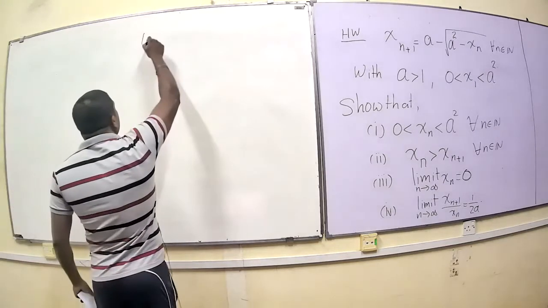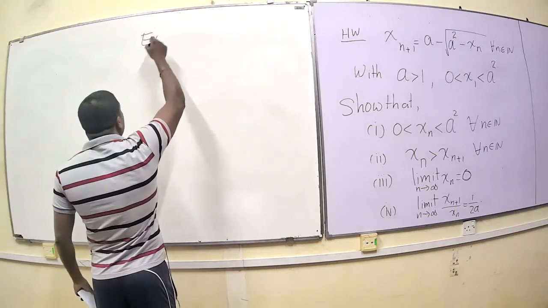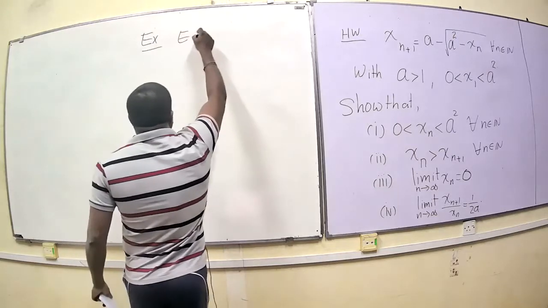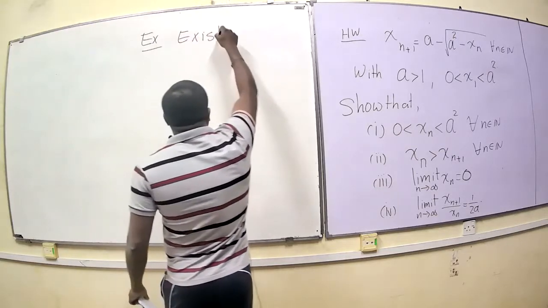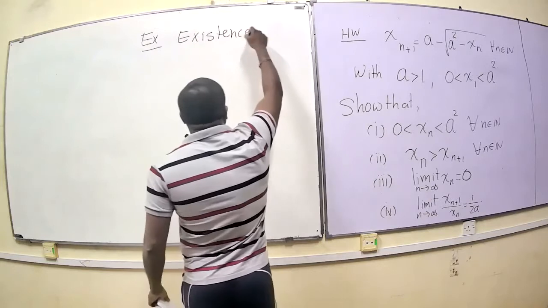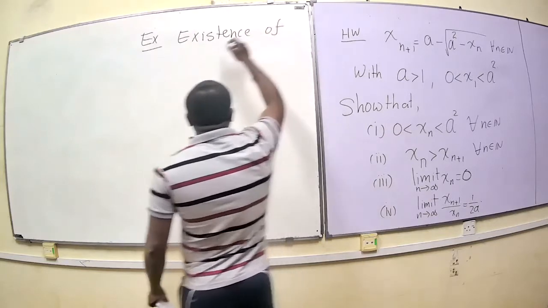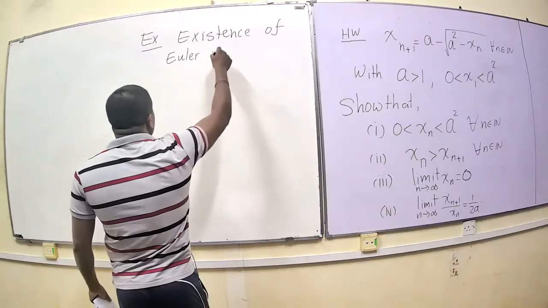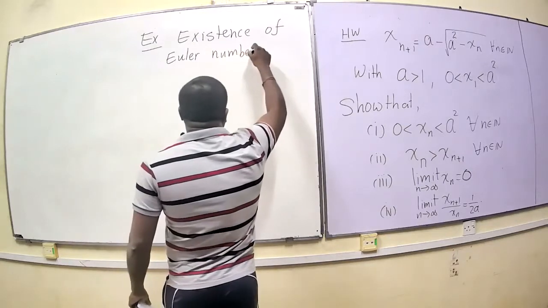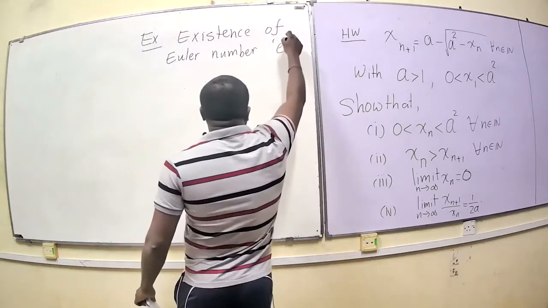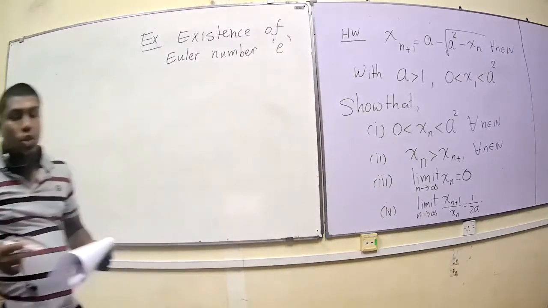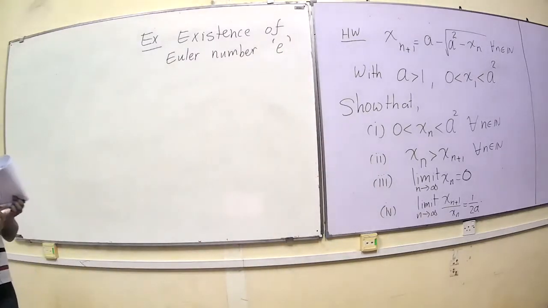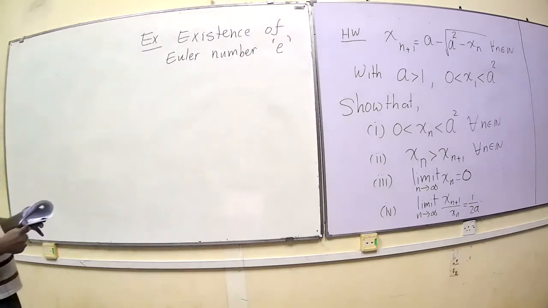I'm going to put this as an exercise. I'm going to show you the existence or the derivation of the Euler number e. So this is a tricky question.